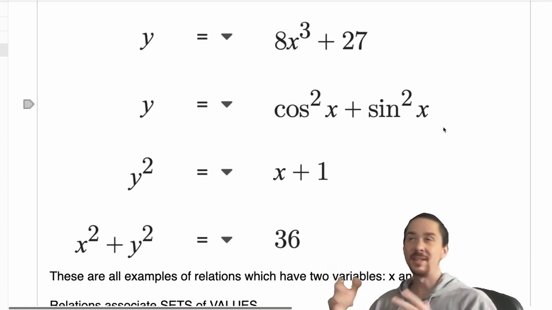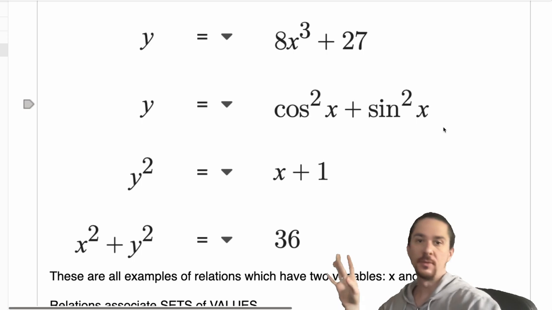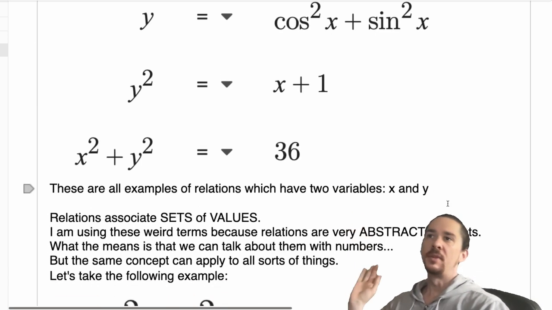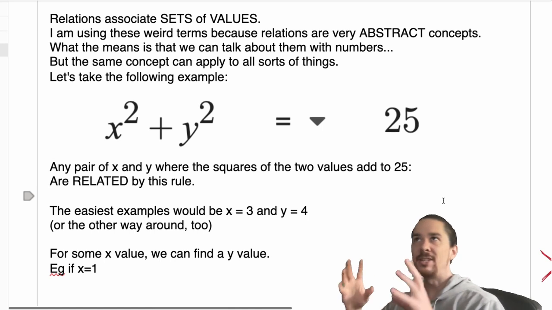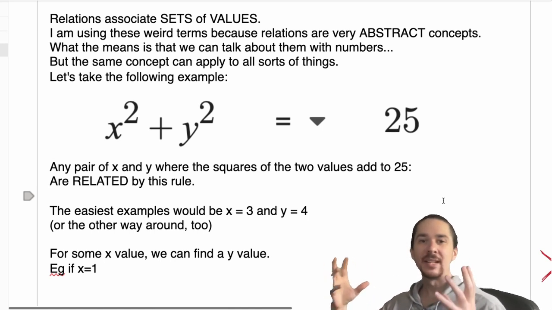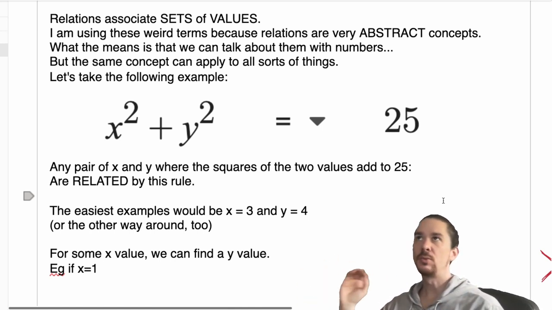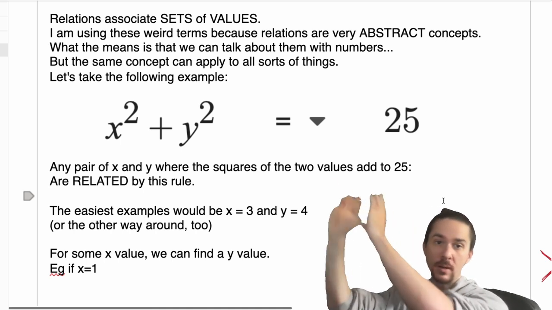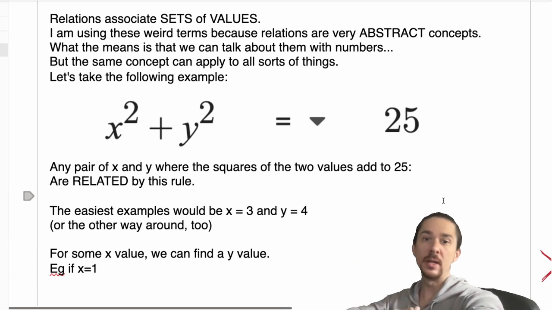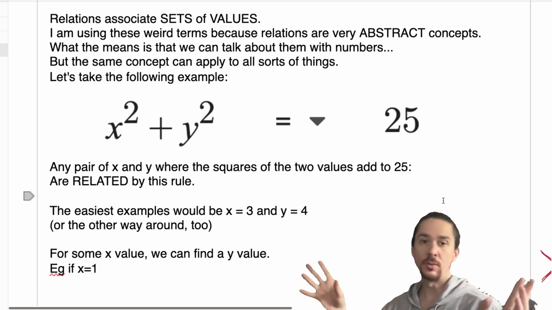You should be able to see a theme, a bit of a pattern running through here. All of these look different. None of them look the same, but these are all examples of relations which have two variables, x and y. Relations associate sets of values. Now I'm using these weird terms because relations are very abstract concepts, and what that means is we can talk about relations with numbers, that's what we're going to do, but we can apply the same concept to all sorts of things.